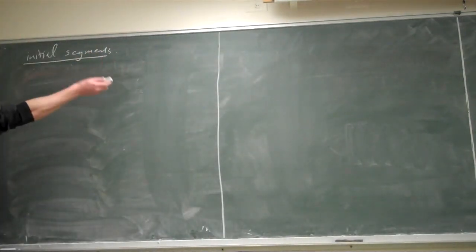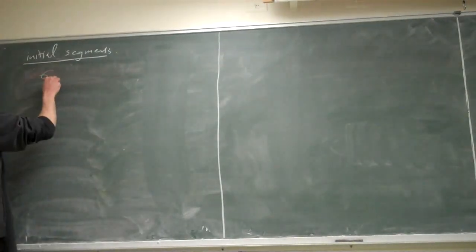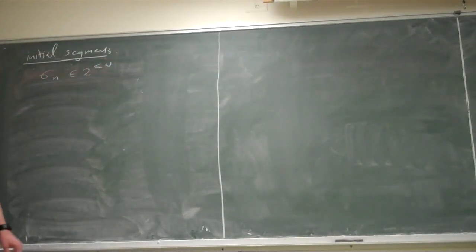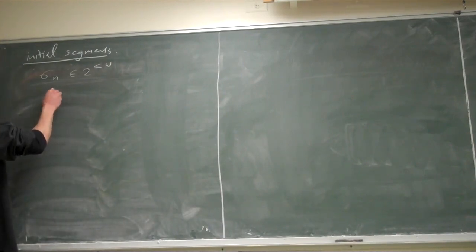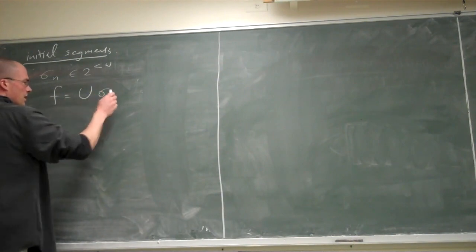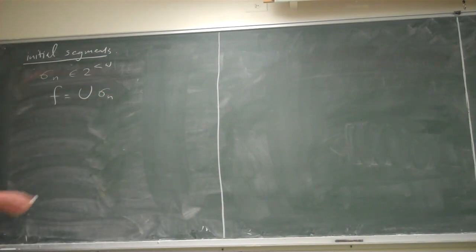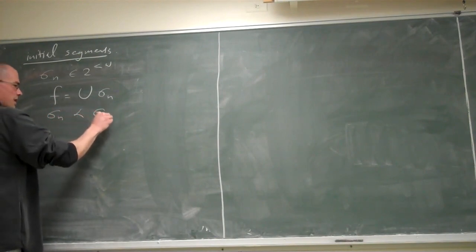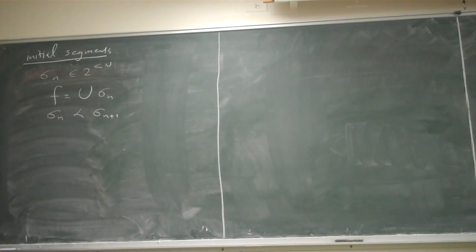So the method of initial segments really just says, okay, we're going to construct a sequence of finite sequences of zeros and ones, and the final object we care about is the union of all of those, and sigma n is an initial segment of sigma n plus 1.